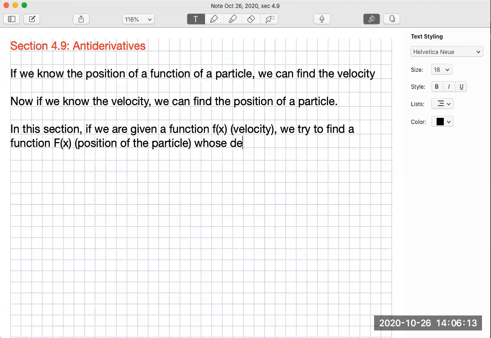Whose derivative is already known. It means small f of x is given.